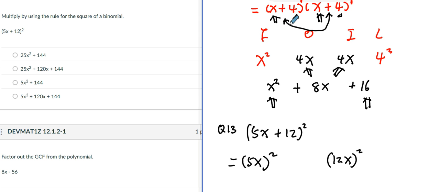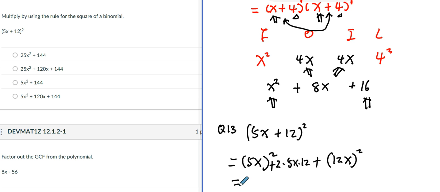For outer product is 5x times 12, inner is the same. So you can be sure here will be what? 5x times 12, either outer or inner. And then you double it. That's it.